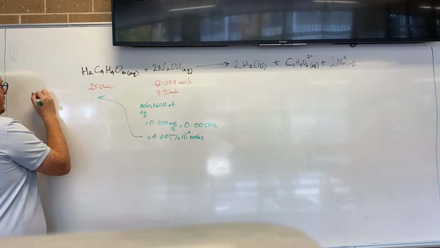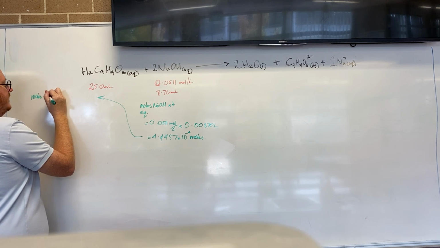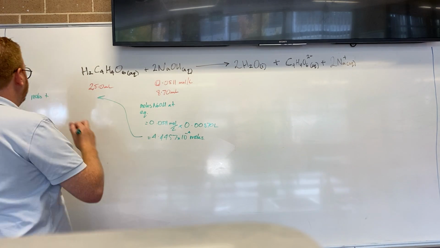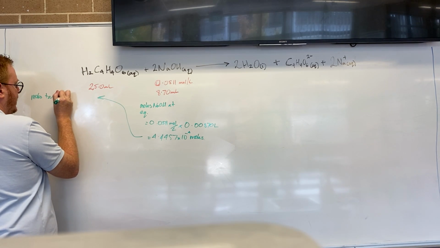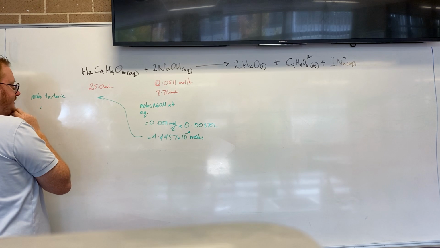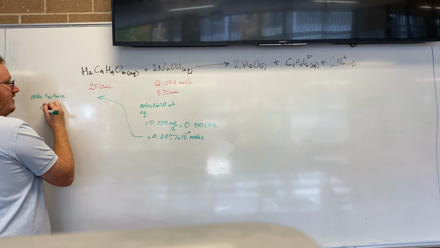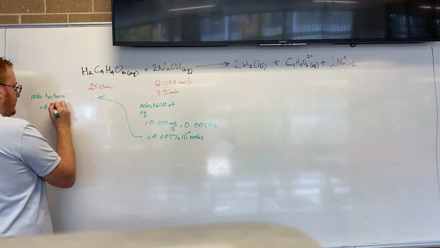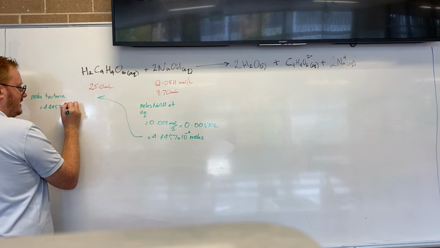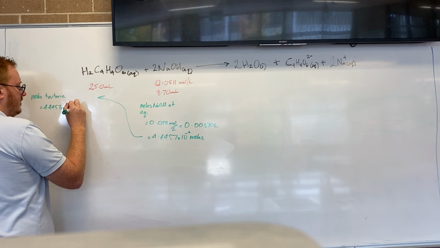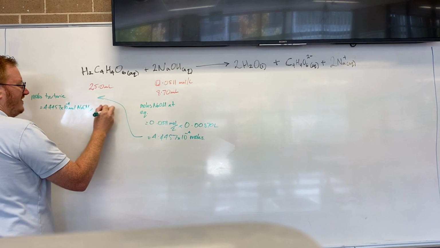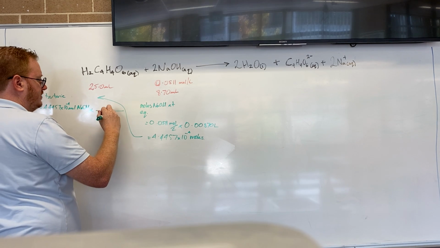So, moles of, was it tartaric? Yeah, tartaric acid equals the number of moles that we know of the other guy, 4.4457 times 10 to the negative 4 moles of sodium hydroxide, multiplied by the fraction between the moles.